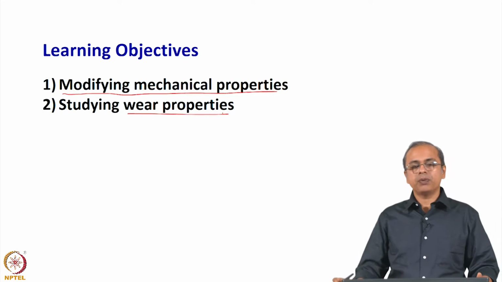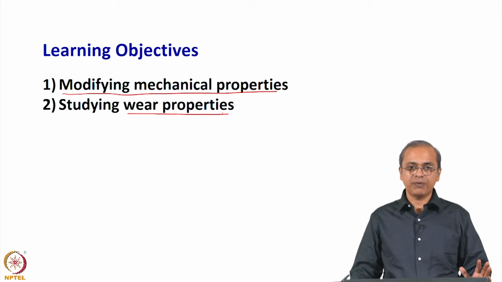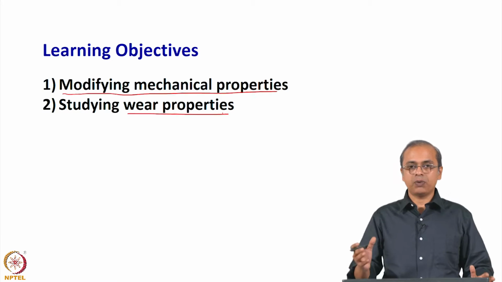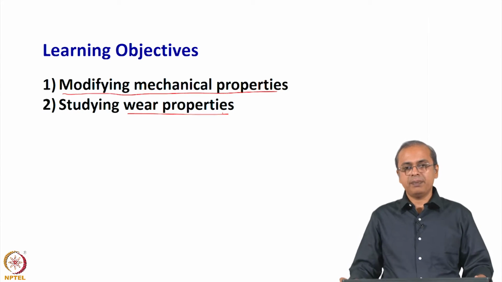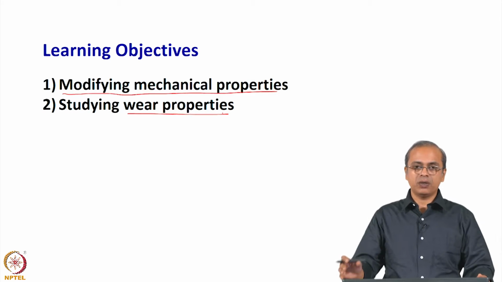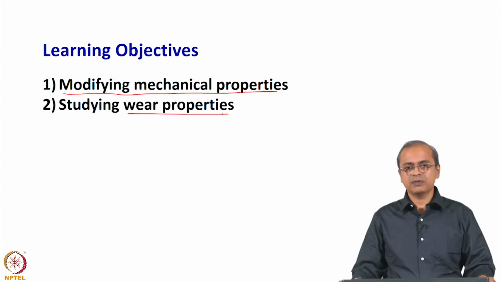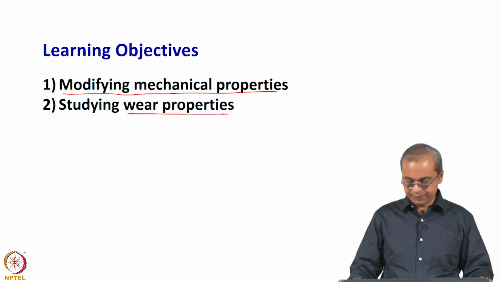So, wear property is something that we will focus on and try to understand how you can do a wear test to figure out what the wear properties of a sample are, and how you can put this severely plastically deformed material to a wear test, and what you can maybe expect from it. It will of course vary from system to system. So, some generalization we will try to do to bring those kinds of ideas together.